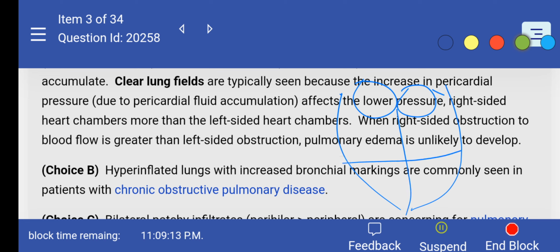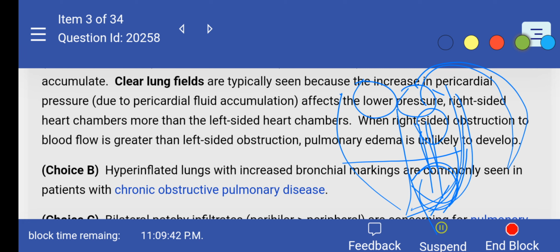If there is less problem on the left side, the fluid can easily go from the left atrium to the left ventricle, then to the systemic circulation. While if there was more problem on the left side, the fluid in the left ventricle would accumulate, go back to the left atrium, and accumulate in the lungs.